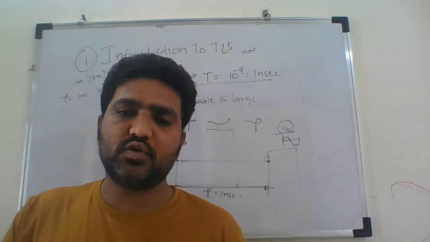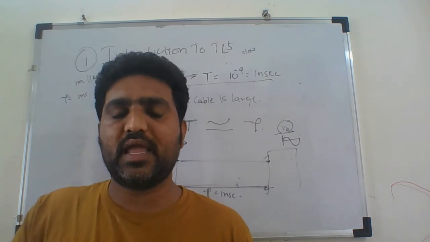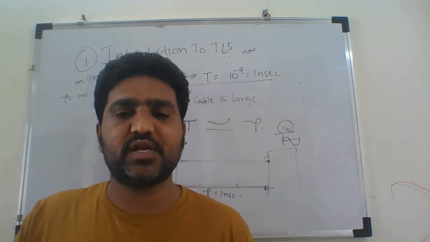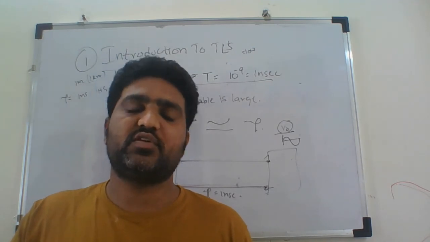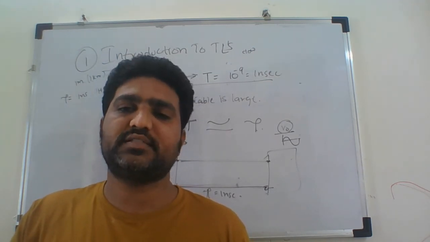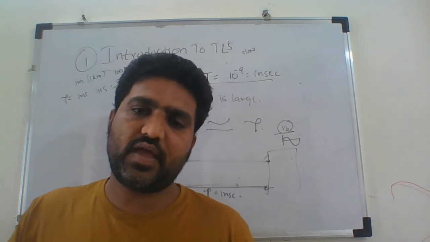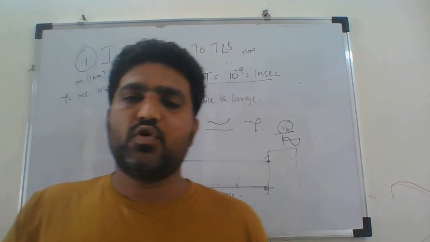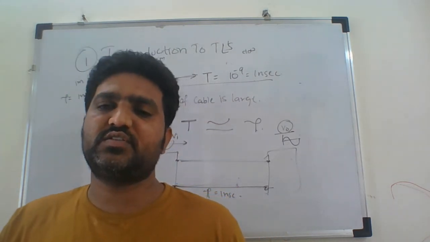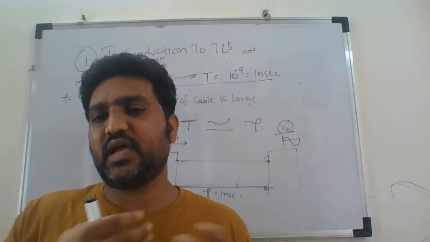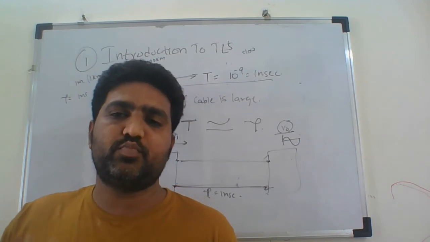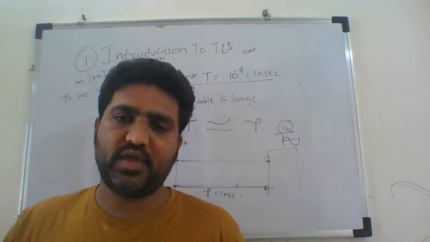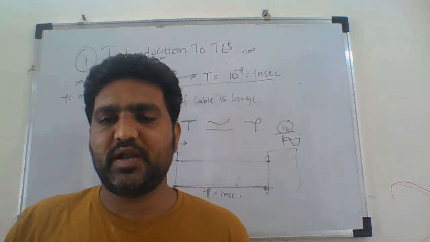In those cases the wires or cables are called transmission lines, and they have to be analyzed with certain analysis techniques which we call the transmission line theory. The main reason is that the delay inside the cable becomes comparable to the rate at which the input changes, the time period of the signal. This is the concept related to this.